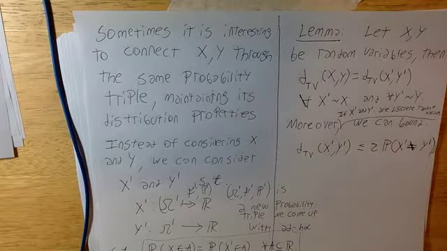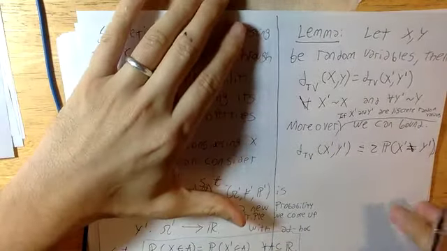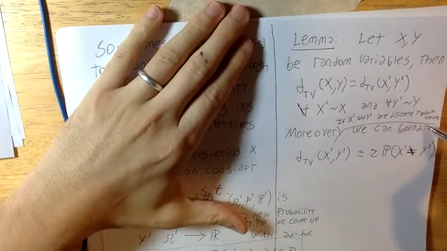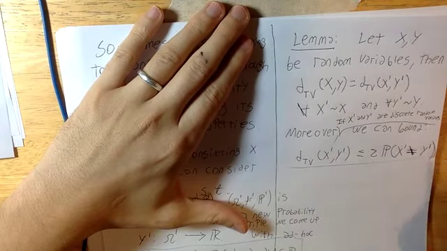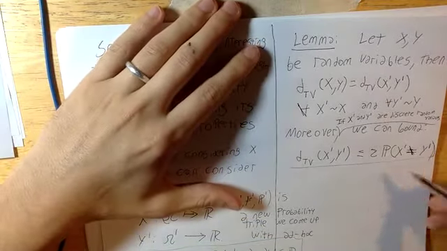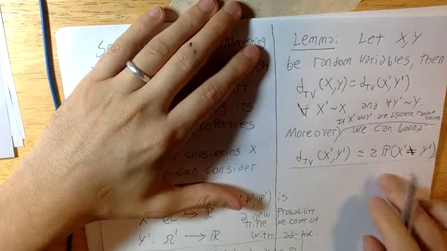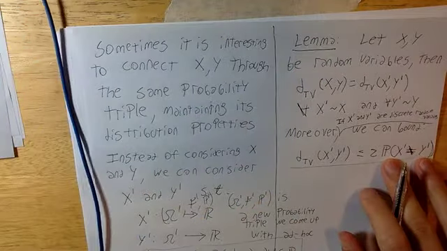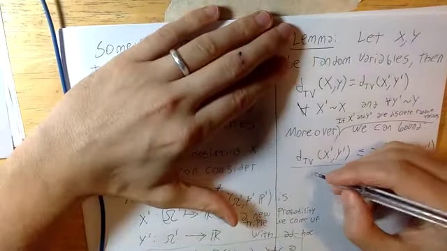Okay, what is next here? What we care about is this second property, that the total variation distance is less or equal than two times the probability that X prime is different than Y prime. So what is a proof of this?